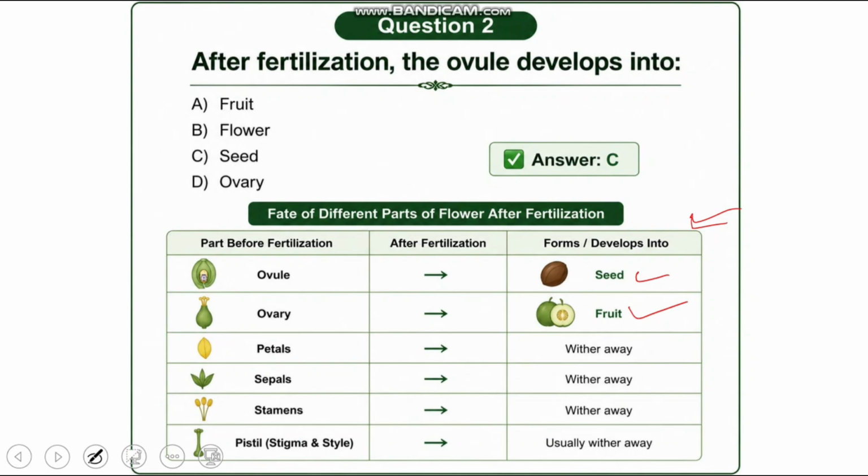Like that, in the table a lot of things are mentioned: the ovary is transformed into fruit, and the other parts of the flower, which contain the petal, sepal, stamen and carpel, are withdrawn from the flower. After fertilization they will fall off, but the ovule is transformed into seed and the ovary is transformed into fruit.